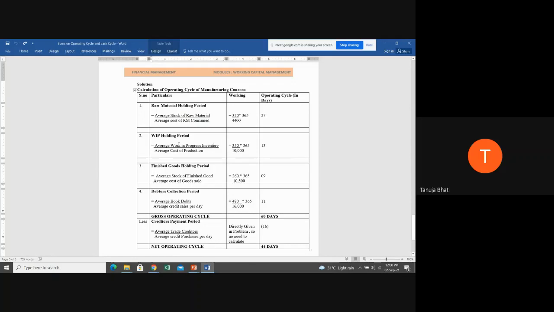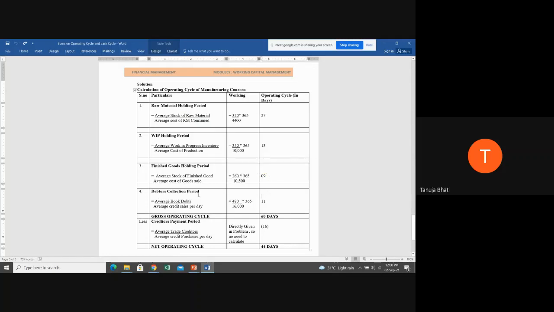Next, the work in progress holding period is average work in progress divided by average cost of production. Just substitute and you will get 13 days. Finished goods holding period is stock of finished goods divided by cost of goods sold, which is also given. You will get 9 days.